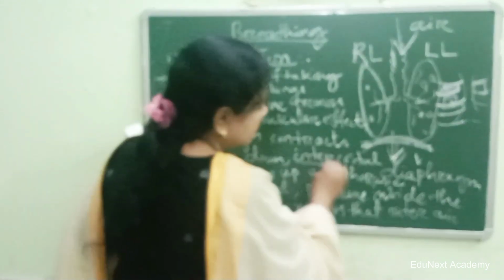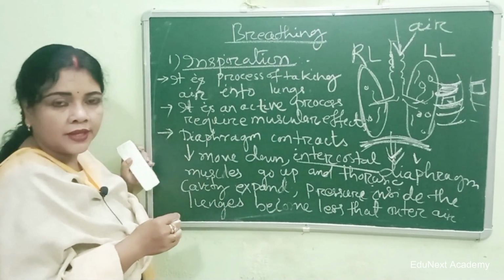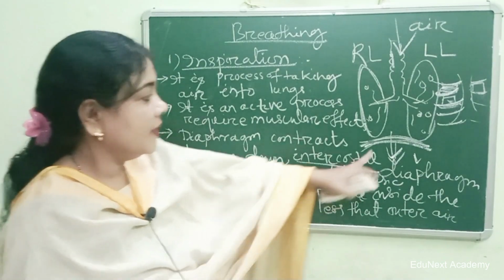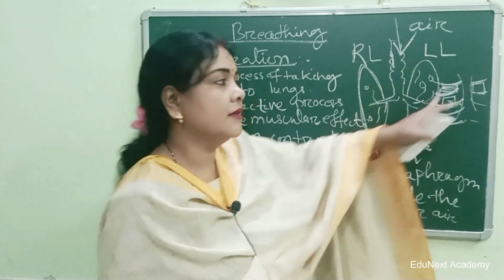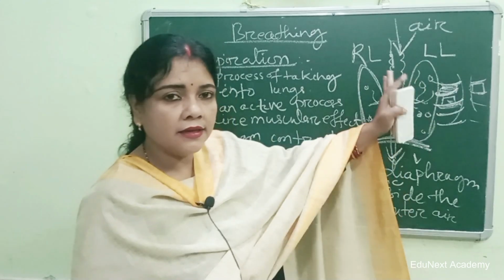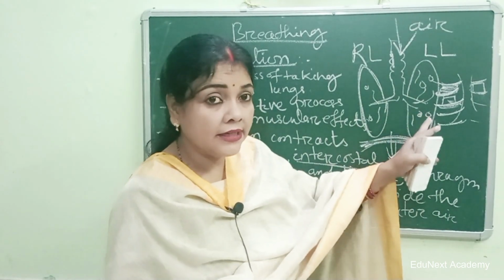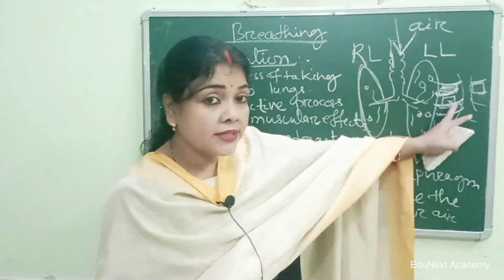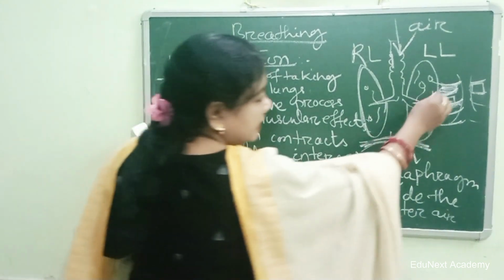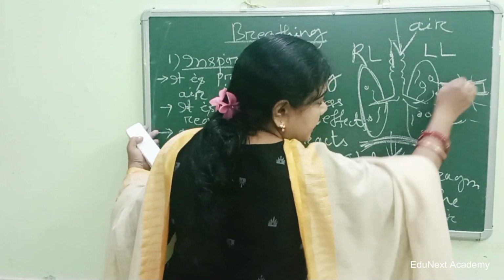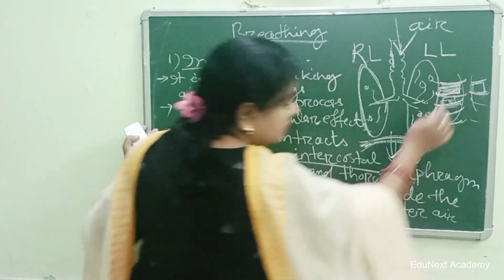Those muscles are known as intercostal muscles. The heart and the lungs are covered by the bone structure, that is the skeleton. You might have seen it, known as the rib bone.